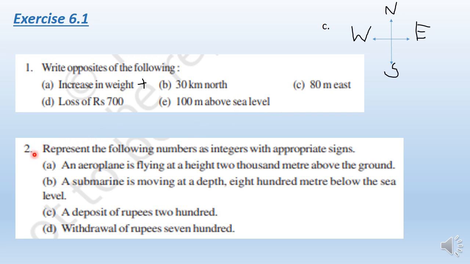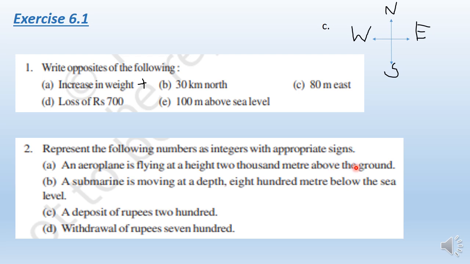Now question number 2. Represent the following numbers as integers with appropriate signs. Number A. An aeroplane is flying at a height of 2000 meter above the ground level. As it's above the ground level, above means positive.